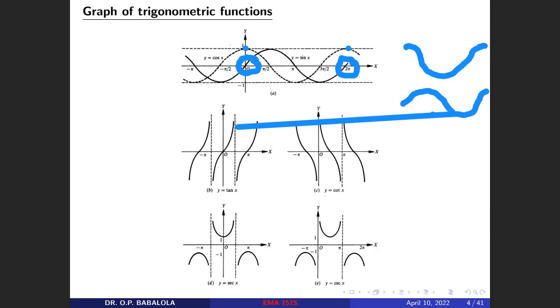And if you want to represent, let's say, from minus pi to 0, the graph of cos, you're going to have it from minus pi to 0. You see, it's just the same thing like this. That will be this graph.